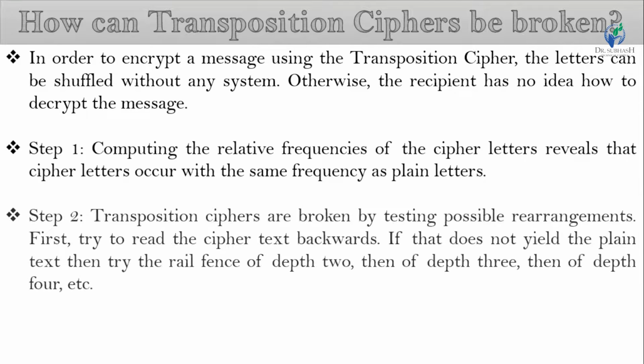In the second step, transposition ciphers are broken by testing possible rearrangements. First, try to read the ciphertext backwards.